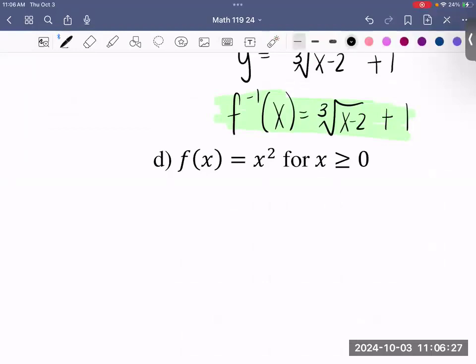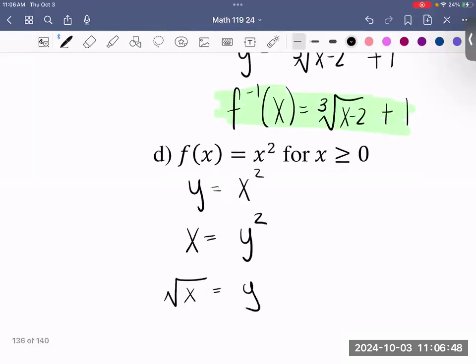So if we're trying to find the equation of your inverse, now that we know we could have one through this restriction, right? We're changing f of x to y, swap your x's and your y's, and now try to undo your square by square rooting your x.